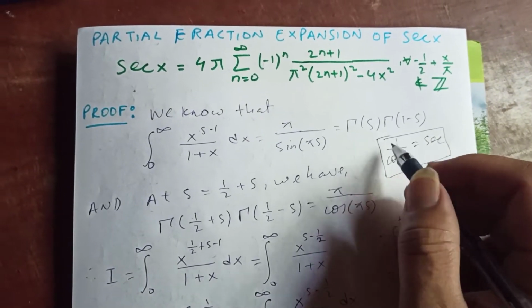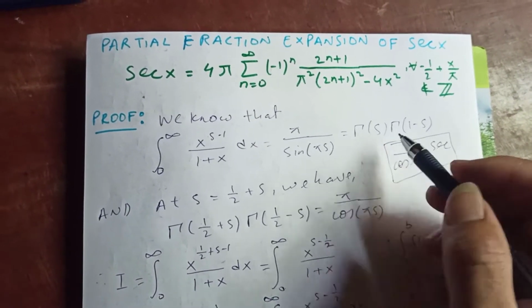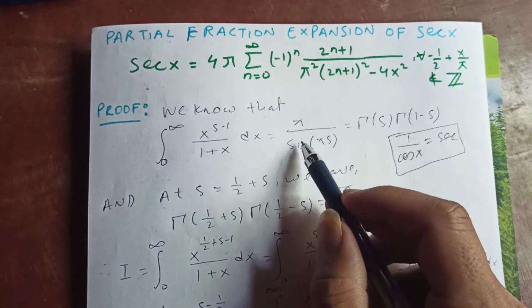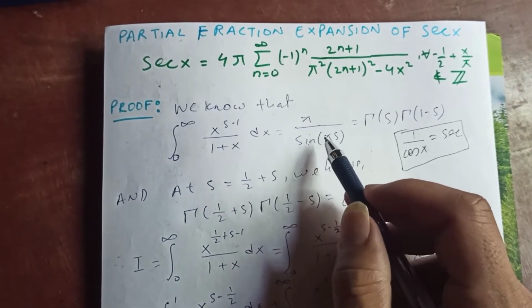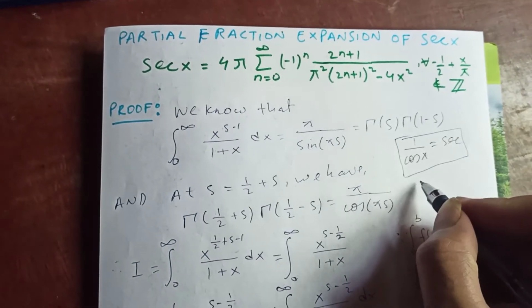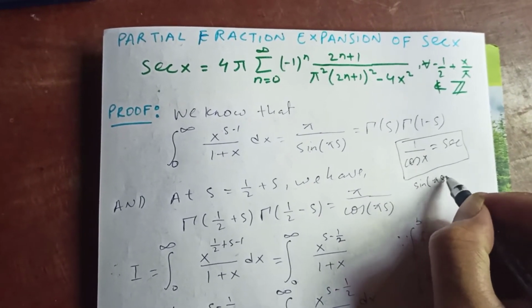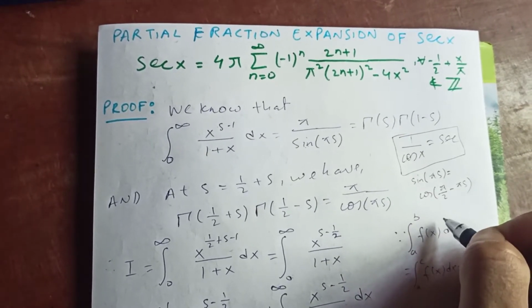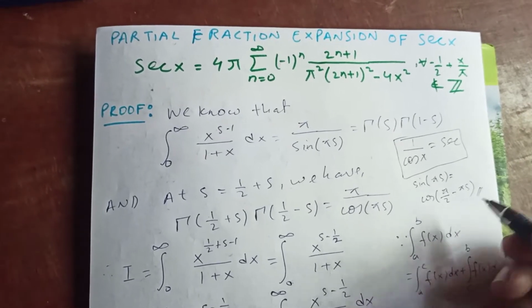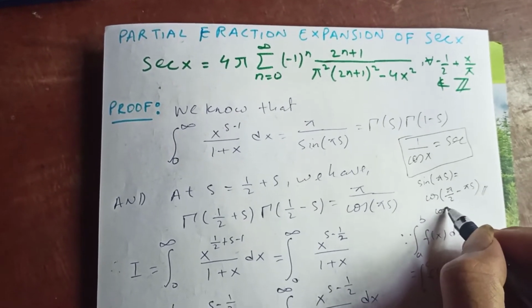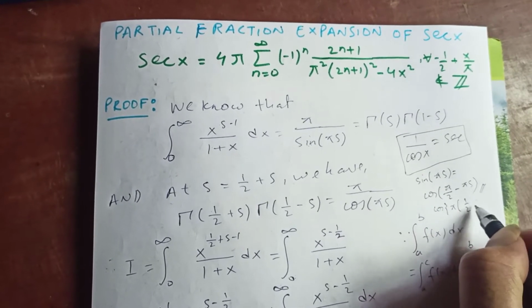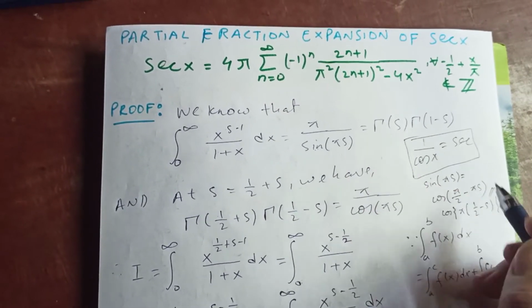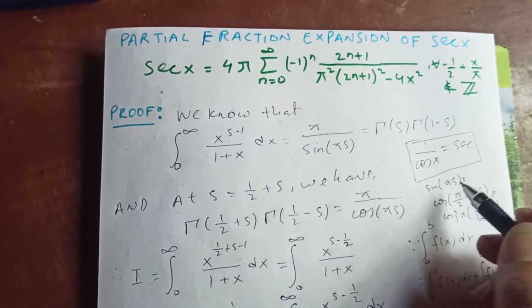In order to get cos, we start from sine. sin πs is the same as cos(π/2 - πs), so it is cos of π(1/2 - s).